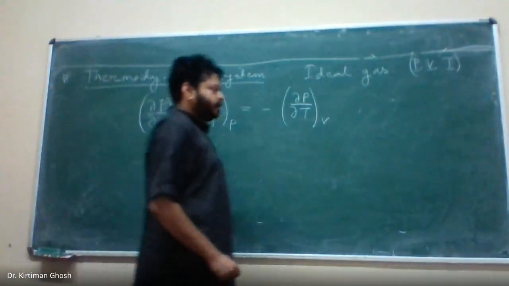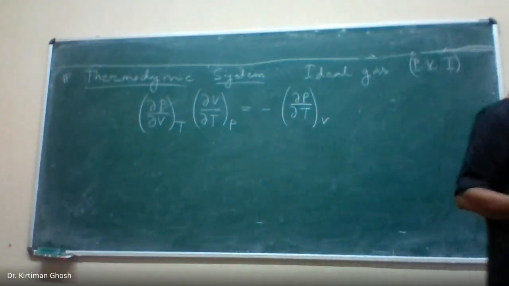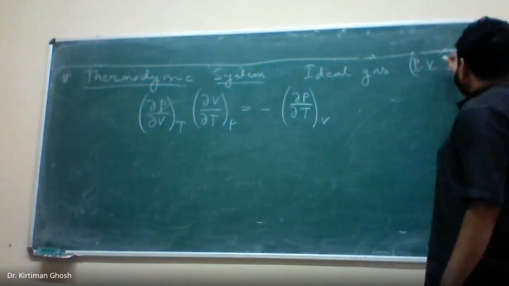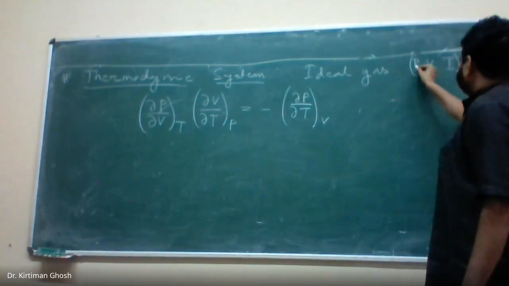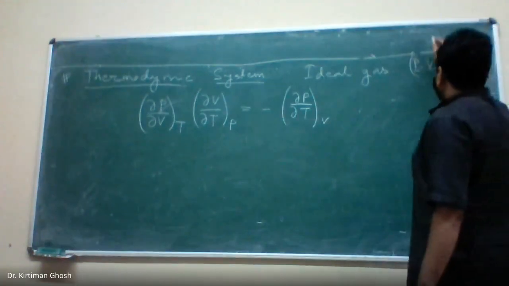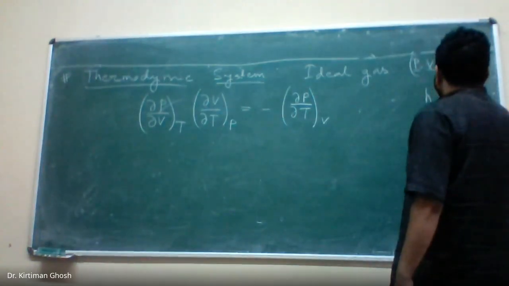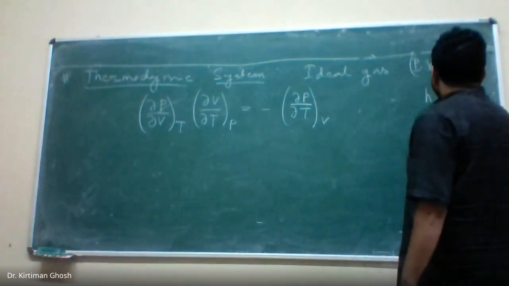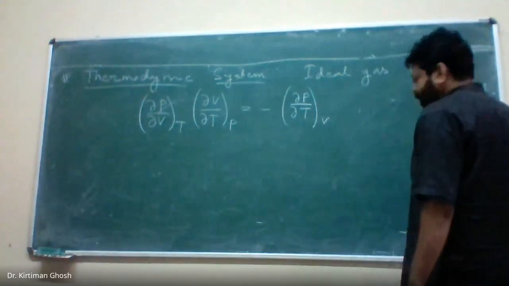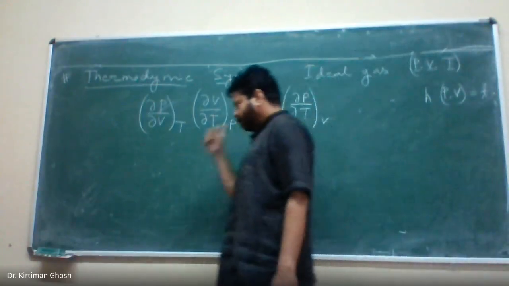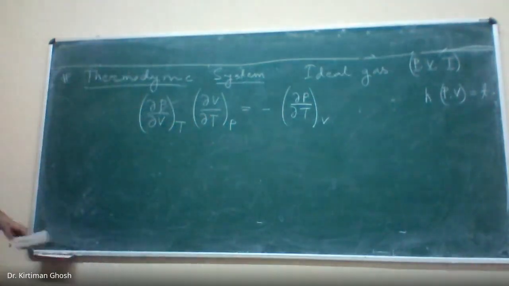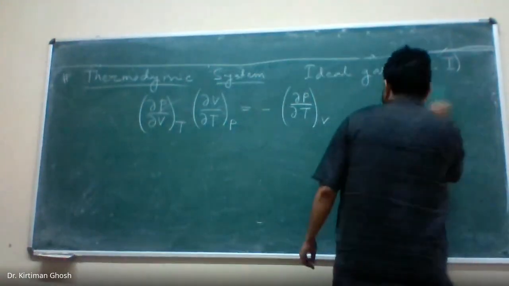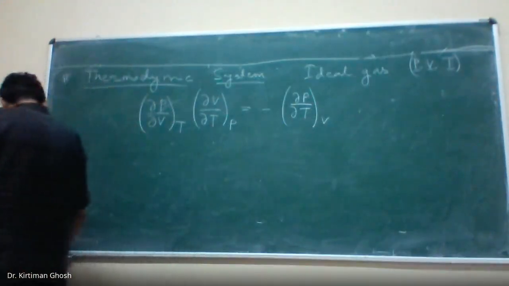We know from the zeroth law of thermodynamics that the temperature T is basically a function of P and V. You remember that we derived the function H of X and Y, in this case P and V, and we call this function the empirical temperature T. As long as there is a mathematical relation involving P, V and T, we can write down this relation.